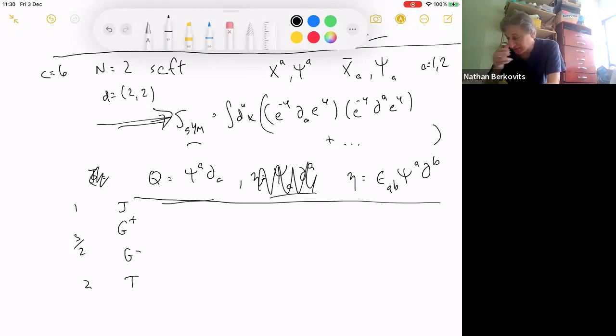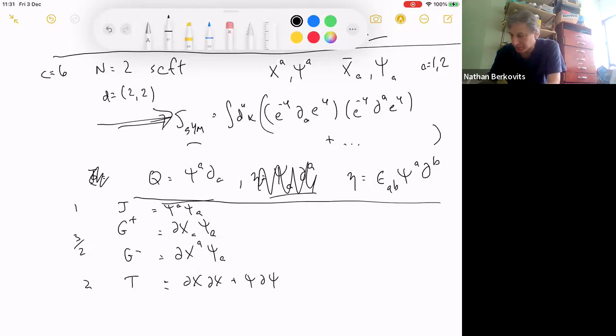And in this special case, these are very simple. This is just dx plus psi d psi. This is dx a psi a. This is dx a psi a. And this is just equal to psi a psi a. It's the same a that I discussed here.